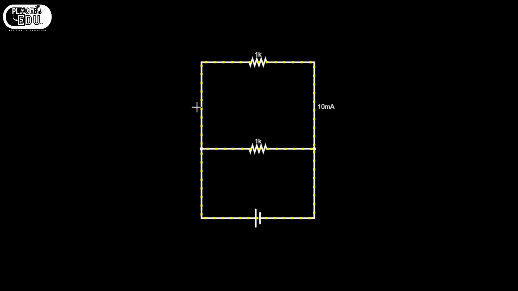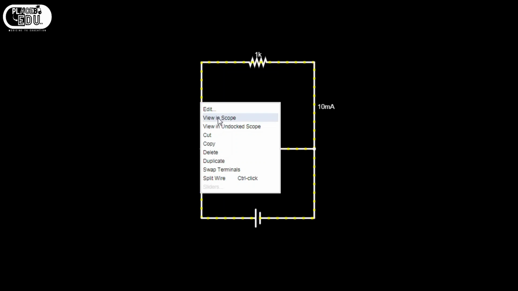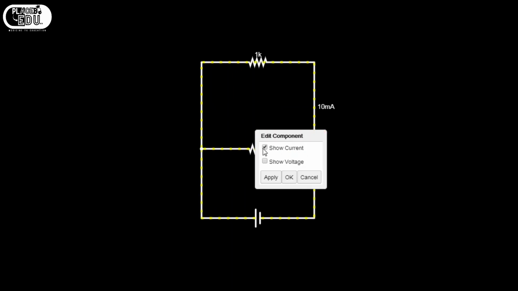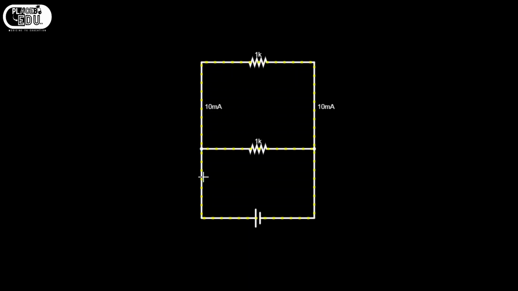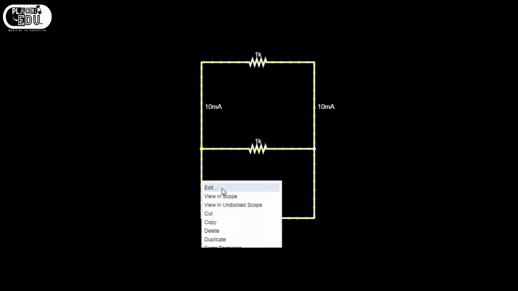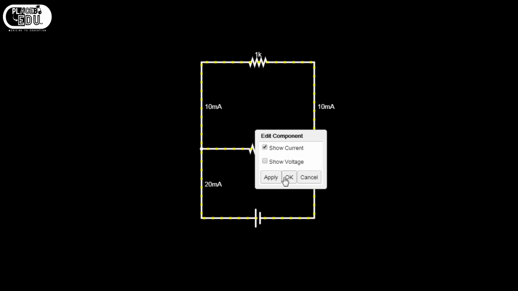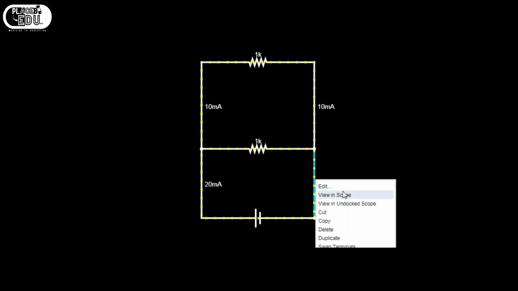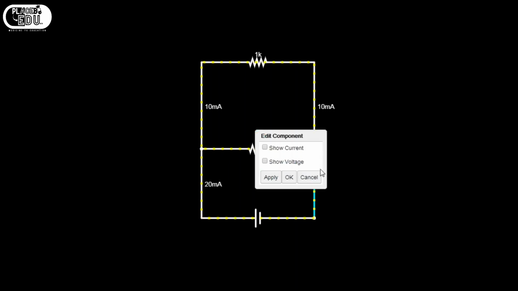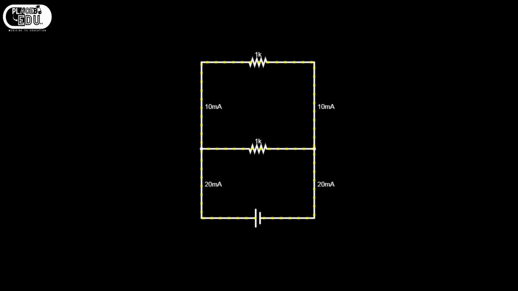It is 10 milliamps, and here it is 10 milliamps, and here it is 20 milliamps, and here it is 20 milliamps. Understood? So we have the currents which are flowing through the branches: 20 milliamps, 20 milliamps, 10 milliamps, 10 milliamps.